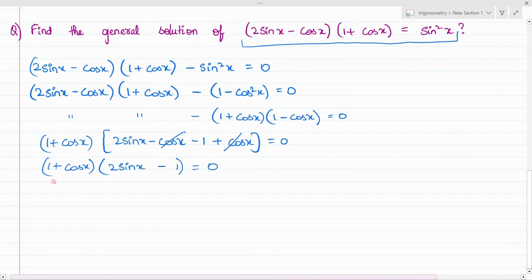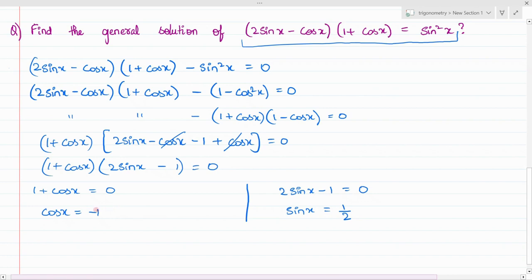equal to 0. Now we have two cases. Case 1 is 1 plus cos x is 0, and the other case is 2 sin x minus 1 is 0. From here we can write cos x is equal to minus 1 and sin x is equal to half.